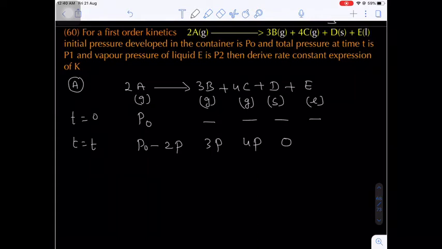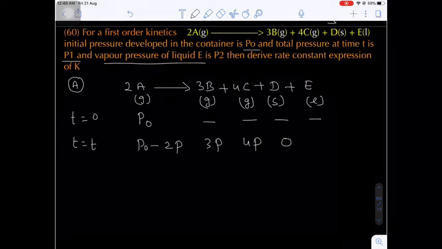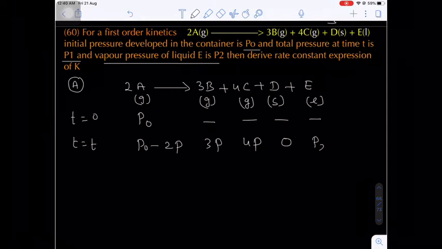And for liquids there will be some vapor pressure. There is one piece of information given in the question: the initial pressure developed in the container will be P0, and the total pressure at a certain time interval will be P1. And the vapor pressure of liquid E given in the question is P2. Now tell me what the total pressure is.